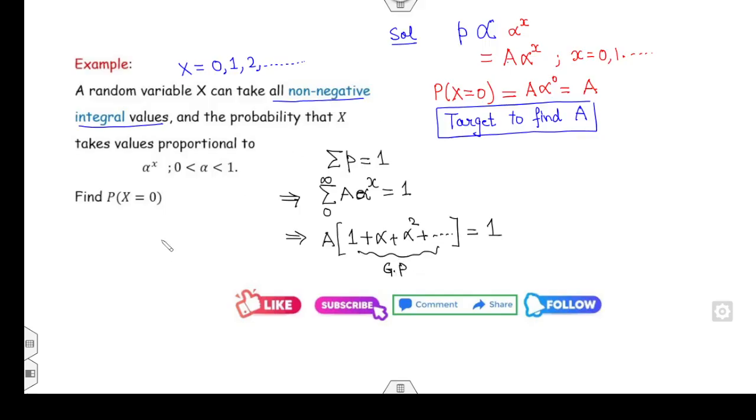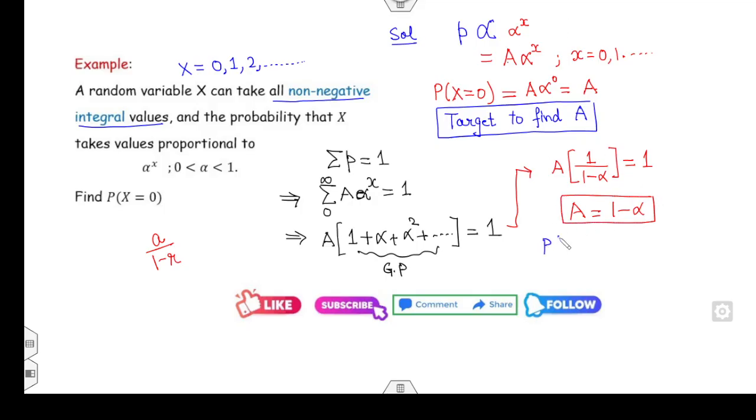What is the sum of an infinite GP series? a over 1 minus r. So this is a into, first term 1, common ratio alpha, equal to 1. Hence a will be 1 minus alpha. Therefore, the probability of x equal to 0 is 1 minus alpha.